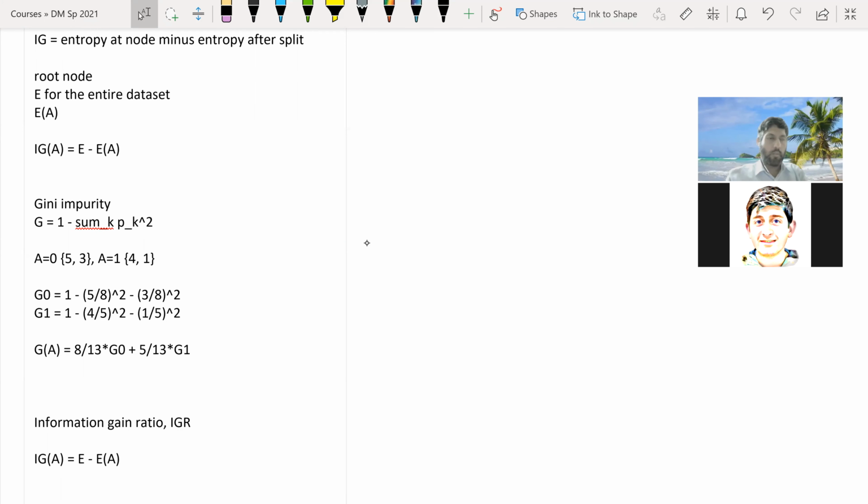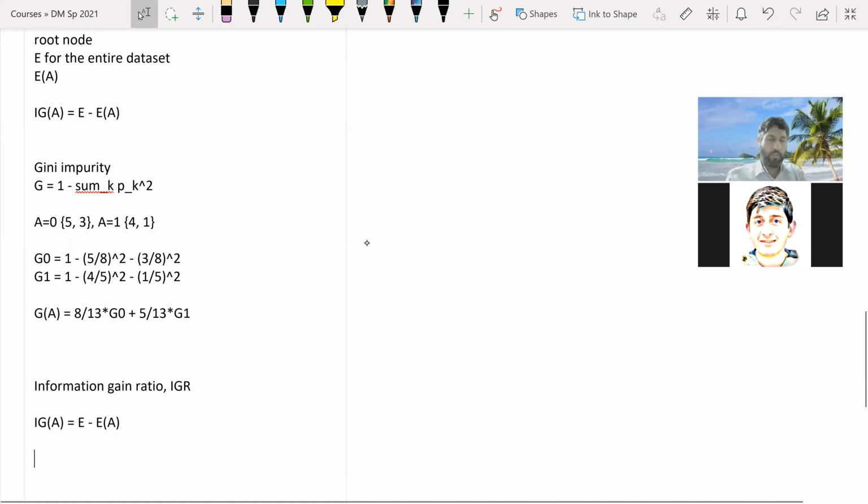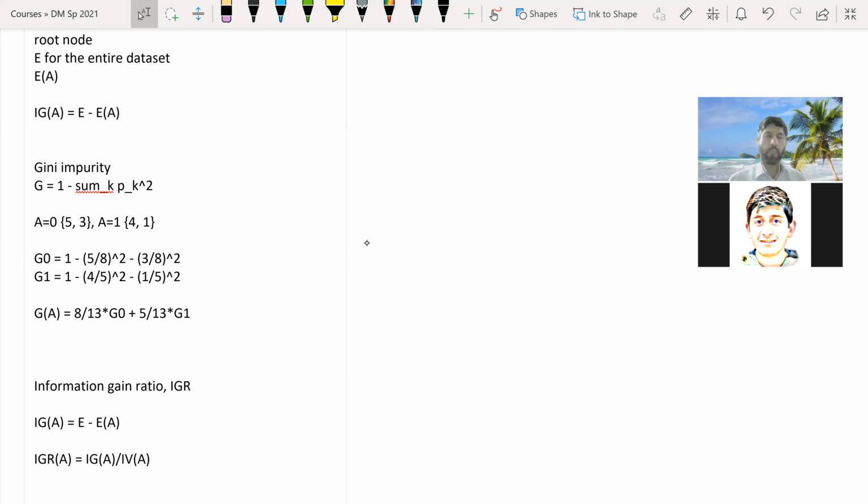So information gain ratio IGR of A is simply IG of A, जो ऊपर निकाला है, divided by a intrinsic value for A. So in other words, we kind of normalize the information gain. And why we do that, I will explain this shortly.